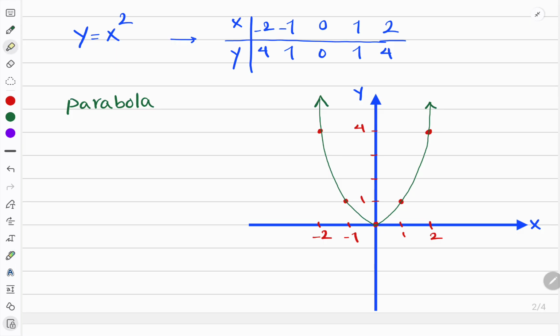And you can learn this trick. The coefficient of x squared is 1. So a is 1. Because 1 is a positive number, this parabola opens upwards. So if a is a positive number, the parabola opens upwards.